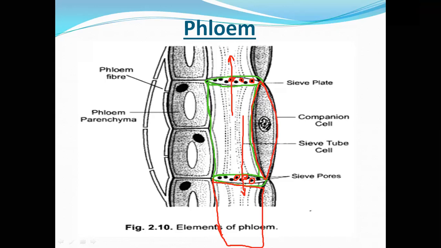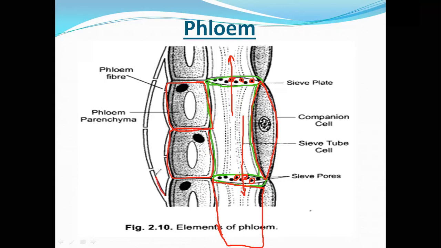Next, the third one is the phloem parenchyma cell. This possesses cytoplasm, a big vacuole, and a nucleus. This is also a living cell. Next one is the fiber cell.